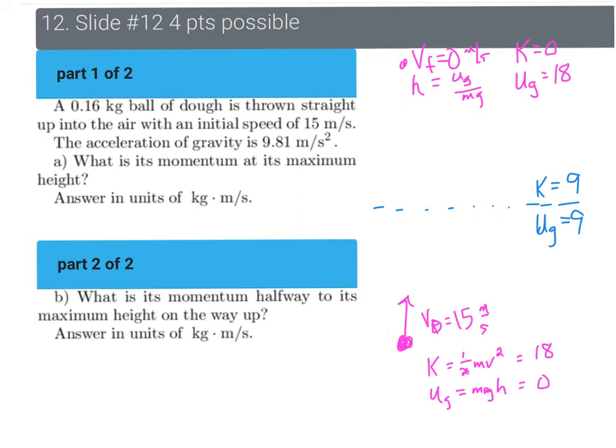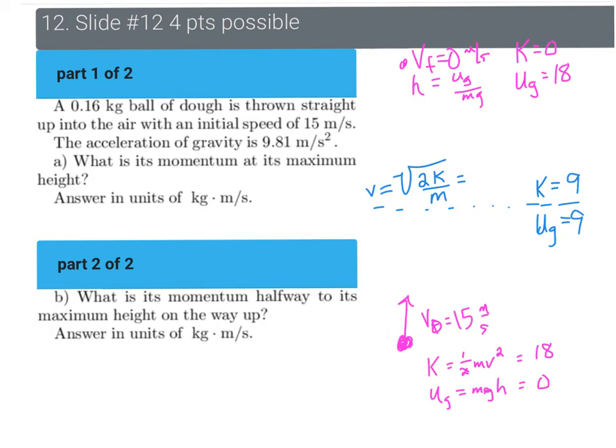What we're going to use is the kinetic energy to find velocity. So velocity is the square root of 2 times the kinetic energy divided by the mass. Our kinetic energy is 9, and we know our mass is 0.16, so we'll plug in and get the velocity that way.